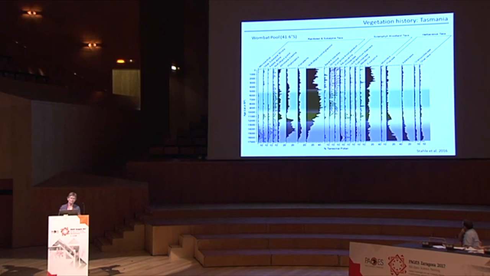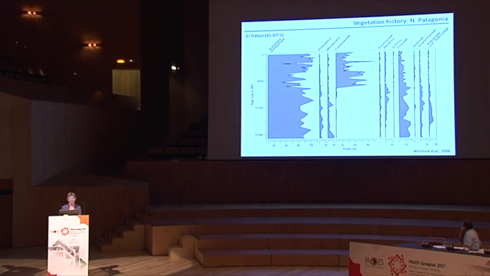The wet period is a period dominated by rainforest taxa. Nothofagus and Phyllocladus are most notable in the record. And then this highly variable period is a period when eucalyptus expands, and it really sort of interplays with the rainforest taxa Nothofagus through the late Holocene.